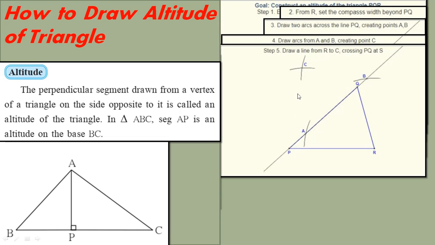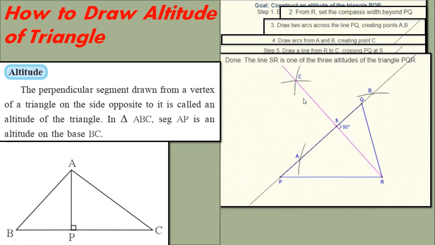Both the arcs cut one another at point C. Then draw the line RC. So angle S is the 90-degree angle, that is, triangle QSR is a right angle triangle.